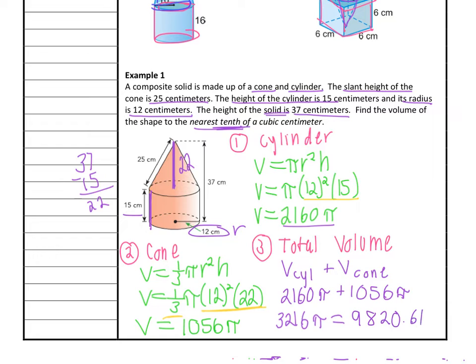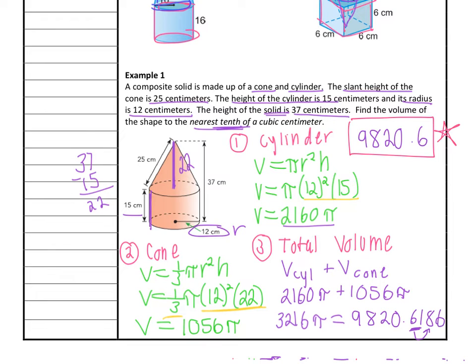There's a bunch of other decimals. All right, so again, nearest tenth would mean I want one decimal in my answer, so I look next door. That one's not going to do anything. So my final answer is going to be 9,820.6. And that's my final answer.